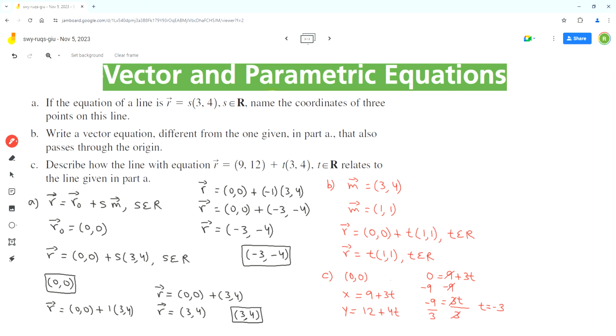Now we can find the t value from the y equation. I got the same value of t from both equations.